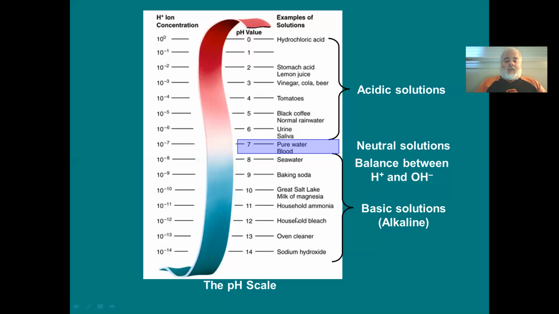And if we look at some of these, something like milk of magnesia. Milk of magnesia is something that helps with a sour stomach. If you have acid indigestion, you could take milk of magnesia, which is a base which helps settle a stomach if you have too much stomach acid and you have heartburn.